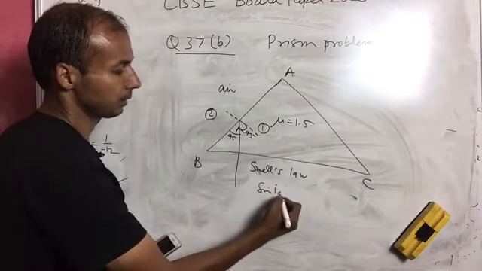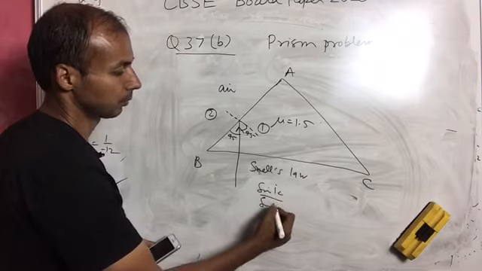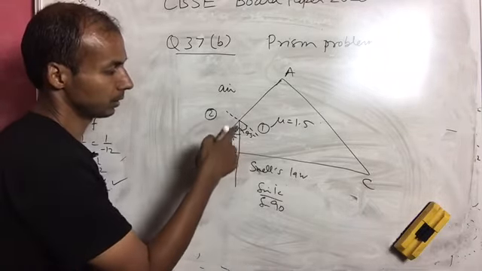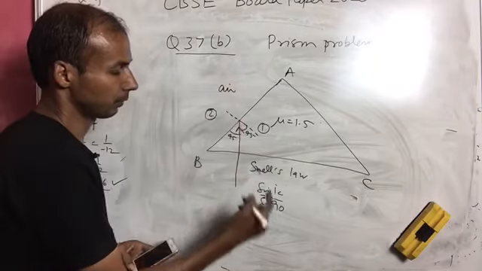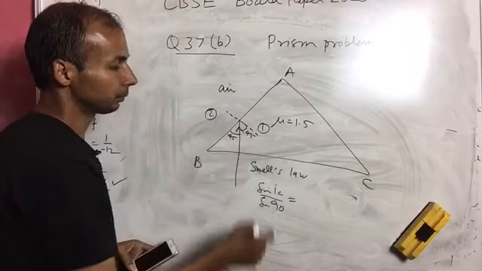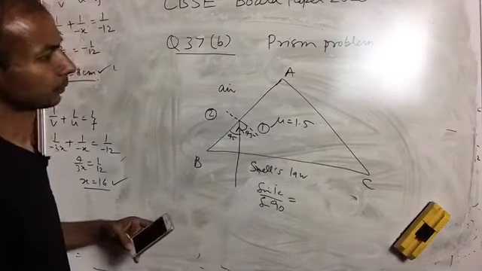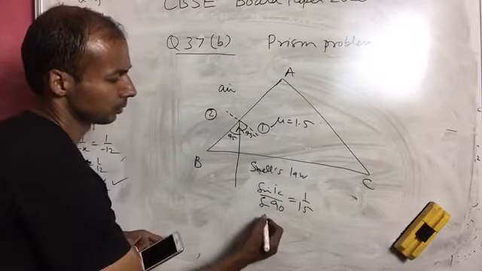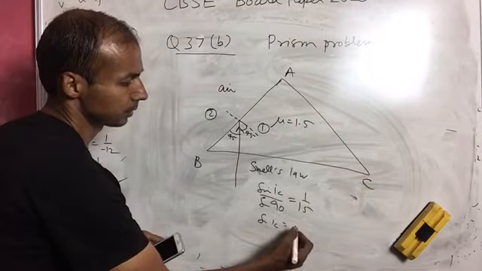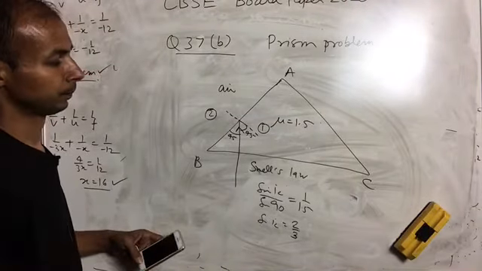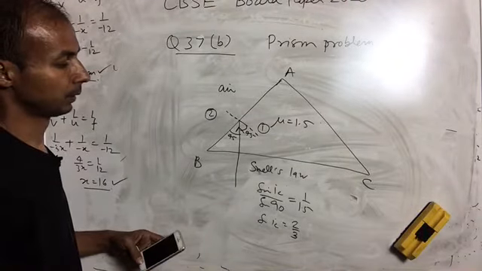So sin IC by sin 90, correct? Let us say critical angle is this, for which angle of refraction is 90, is equal to mu 2 by mu 1. So sin IC is 2 by 3, correct?